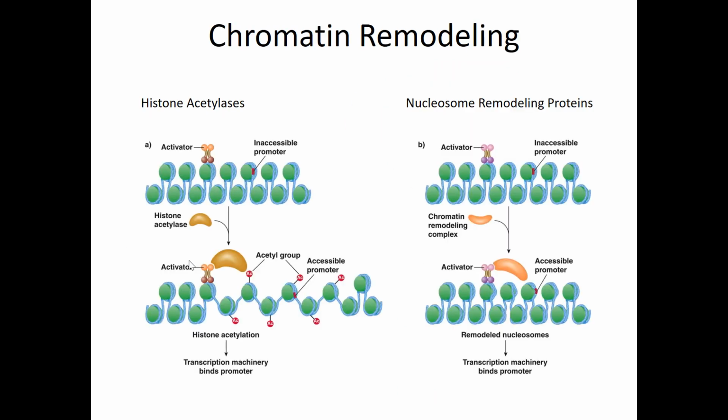All right, so this is the main way in which it seems that cells regulate transcription and regulate the amount and regulate whether or not transcription even happens. And so you can see in both of these examples with histone acetylases and with nucleosome remodeling proteins, in this case we have condensed chromatin.